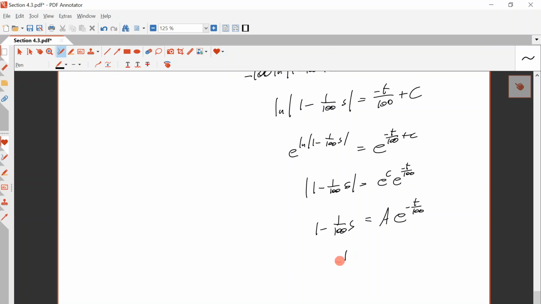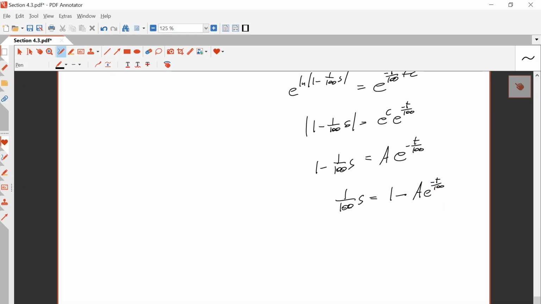So I've got 1 over 100 s is equal to 1 minus a e to the minus t over 100. So s is equal to 100 minus, well, when I multiply by 100, it's still arbitrary, so I'll just leave it as a. You don't have to keep changing the name of the constant.